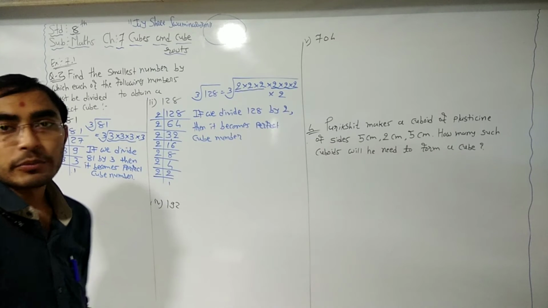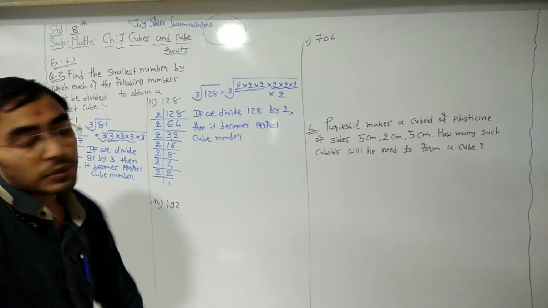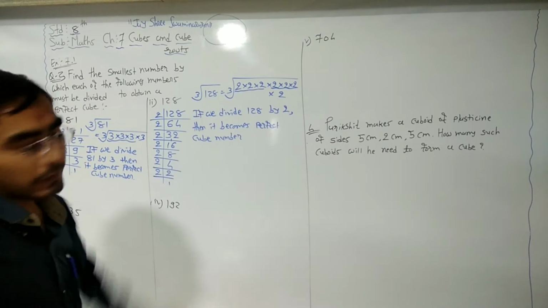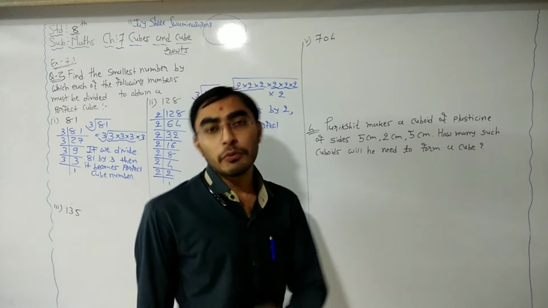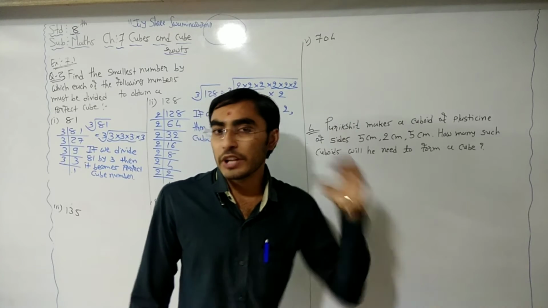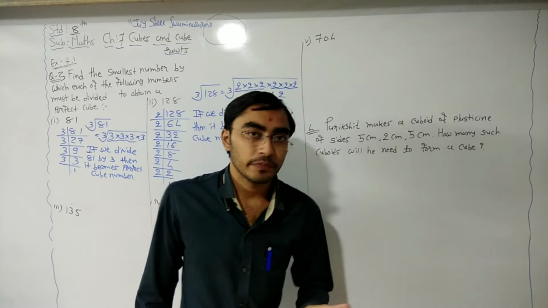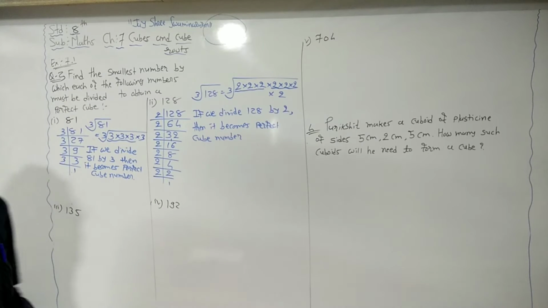We need to divide the number by 2. Now if we divide 128 by 2, then it becomes 64. 64 is a perfect cube number, and the cube root of 64 is 4, but we do not need to find that here. So our next question, number 3, 135.